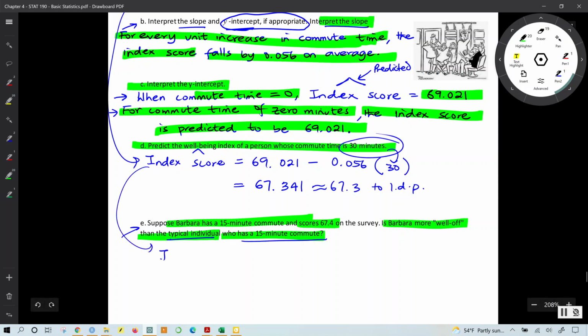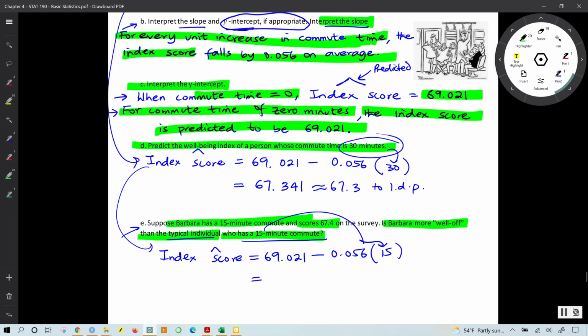We can use the prediction equation or the regression line to make a prediction of what the index score for a typical person who has a 15-minute commute should look like. So, in this case, what we will get is 68.181.